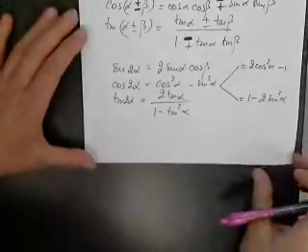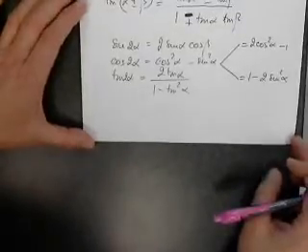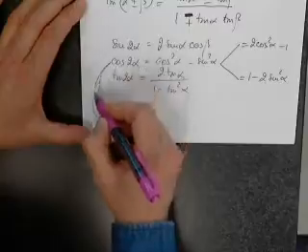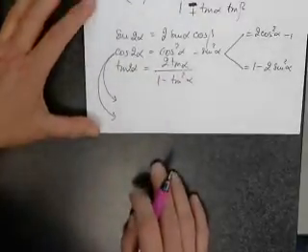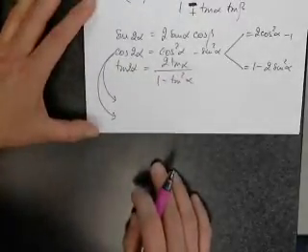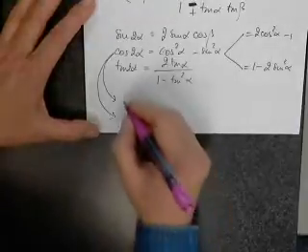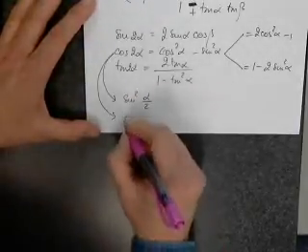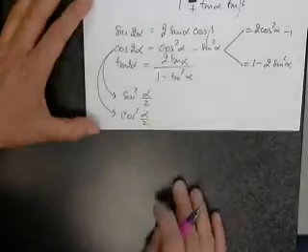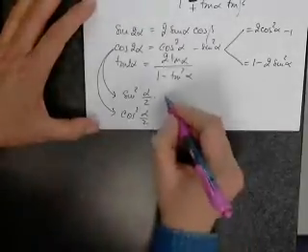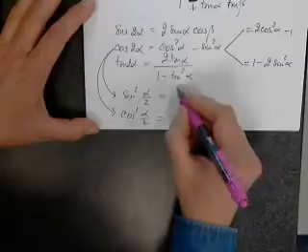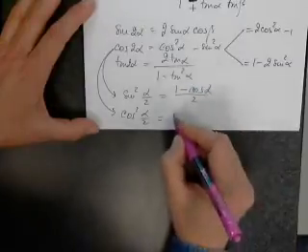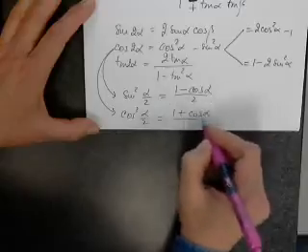One last set is the half angle. Both are coming from this identity. So the sine squared of alpha over 2 and the cosine squared of alpha over 2. From here, I have 1 minus cosine alpha over 2 and 1 plus cosine alpha over 2.